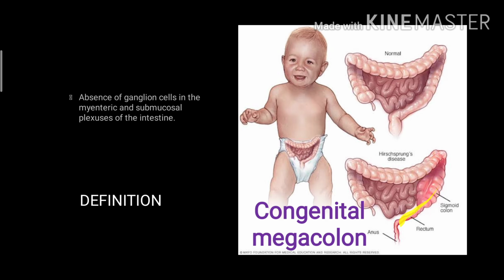So this contracted part where there is no progress of peristalsis is the absent ganglion cell part, or the part affected with Hirschsprung's disease, and this dilated looking segment is dilated because of the obstruction. So it is also called congenital megacolon.